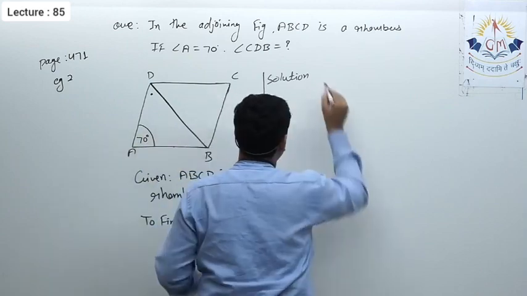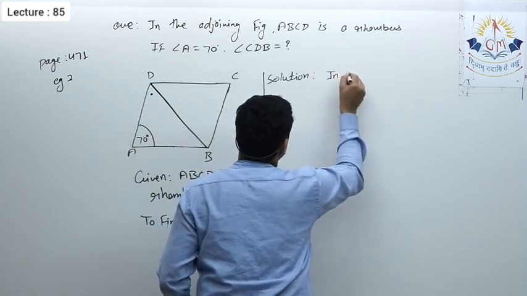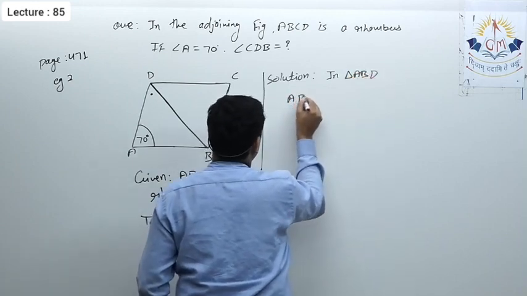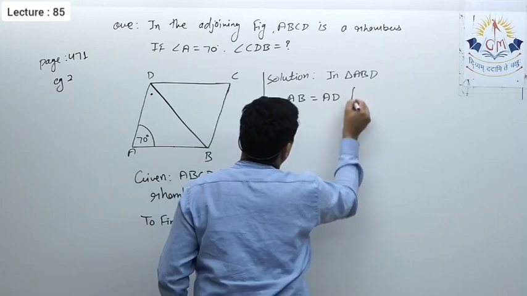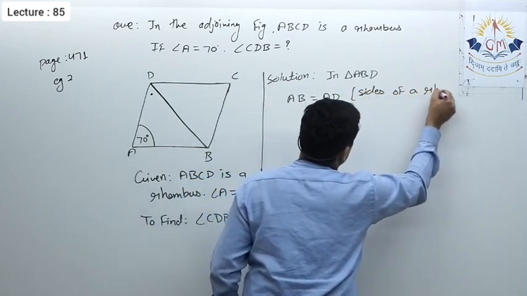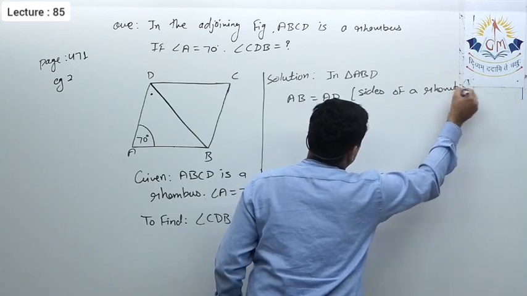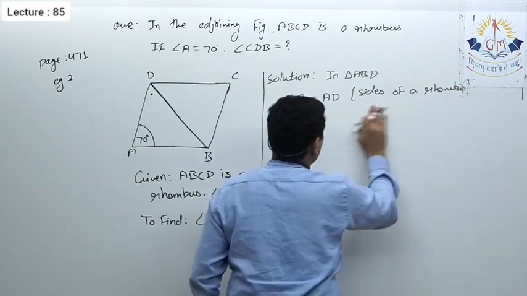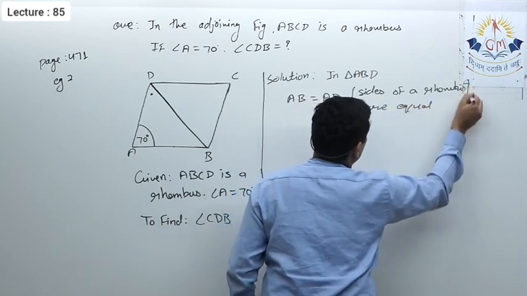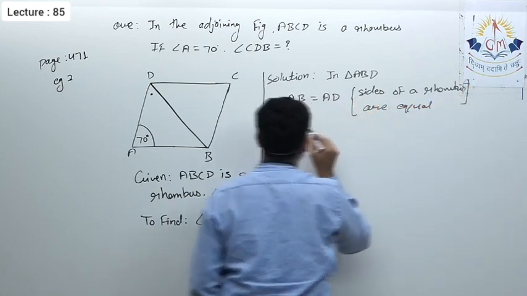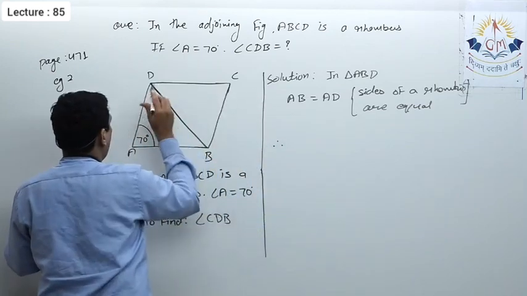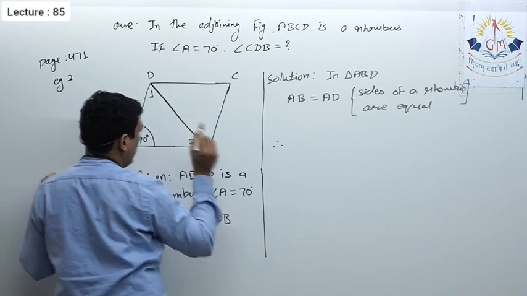In triangle ABD, AB is equal to AD. Reason, all sides of a rhombus are equal. So we use this property. I am writing angle 1 and angle 2.